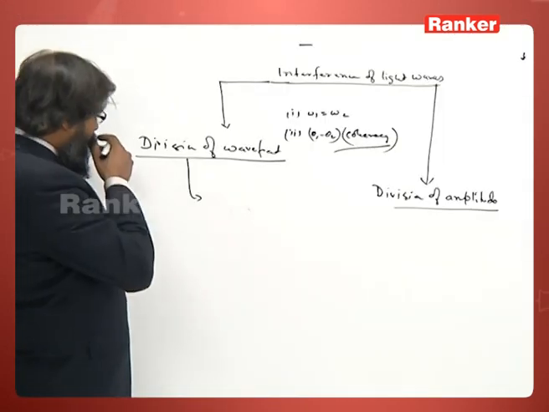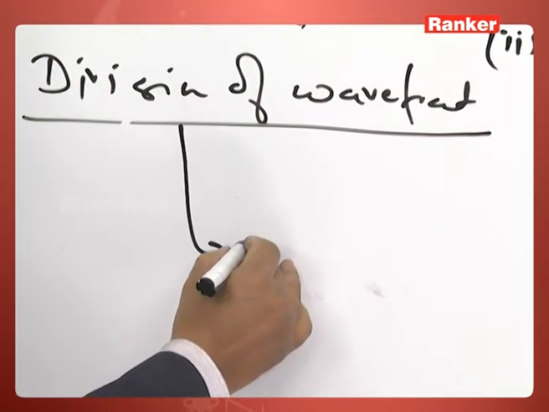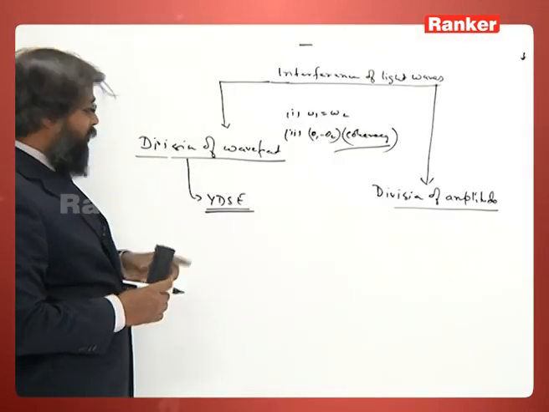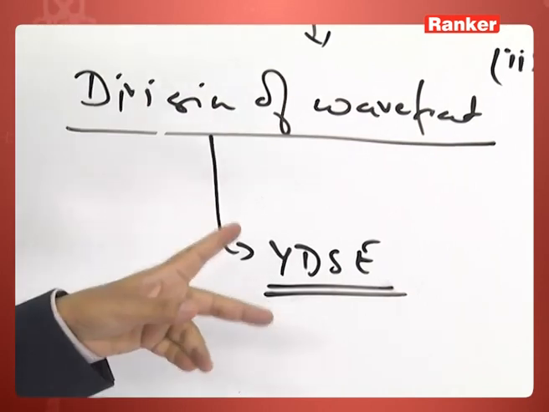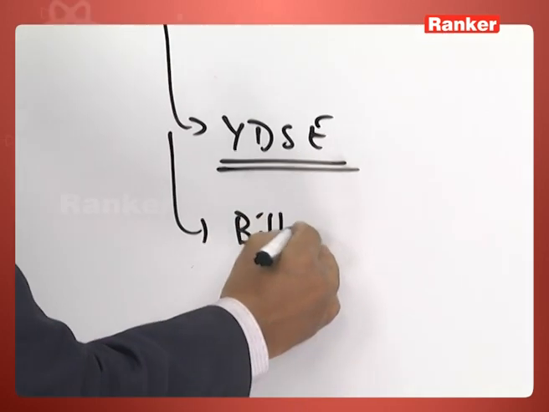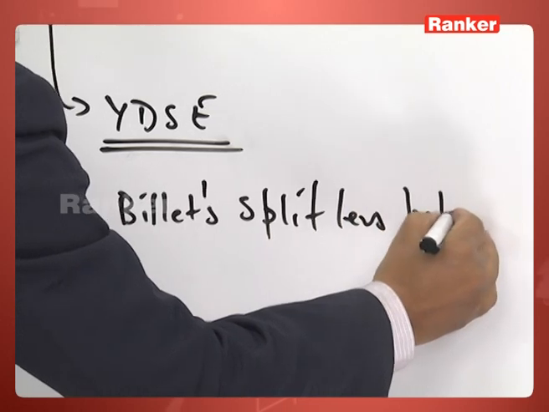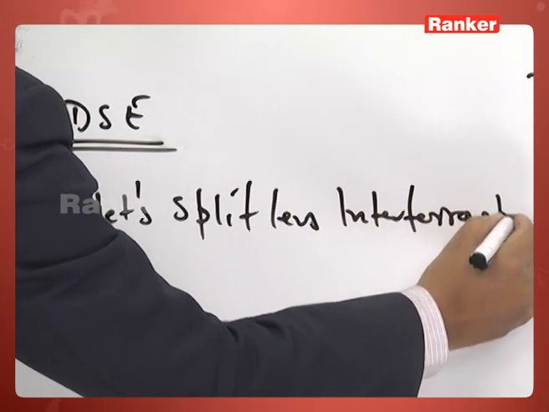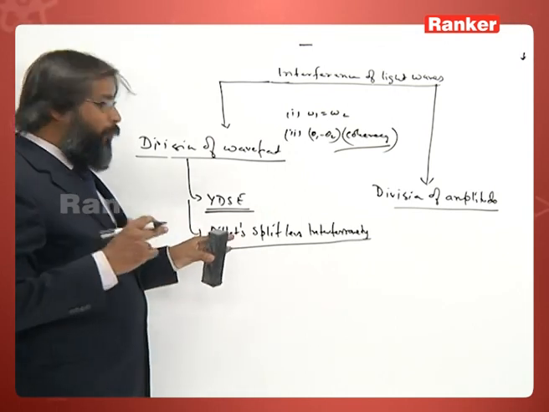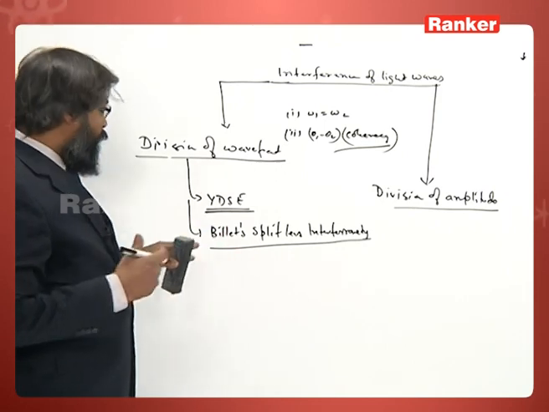There are many experimental techniques where this is used, just like YDSE, Young's double slit experiment, which we will see first. Then there is Billet's split lens interferometry, where we use a lens, split it into two parts, and each part divides the wavefront into two.